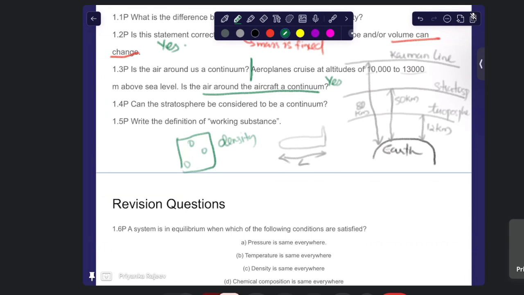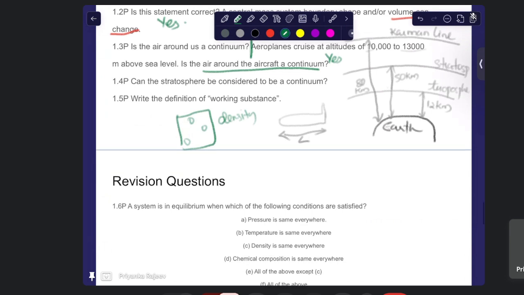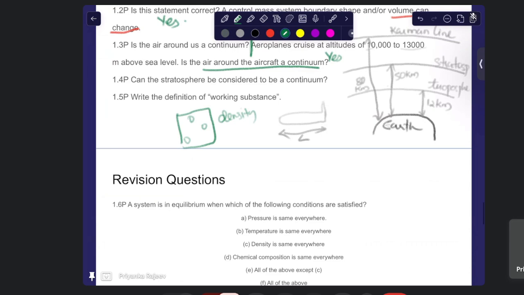So whether we approximate the stratosphere as a continuum or not depends on the purpose. Usually for engineering purposes, we will be treating air as a continuum in the stratosphere, because at engineering scale, things like aeroplanes are still good to be assumed as a continuum.